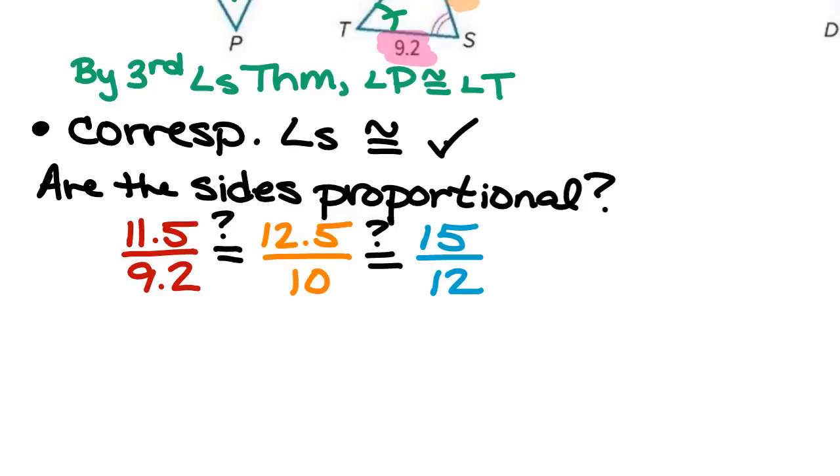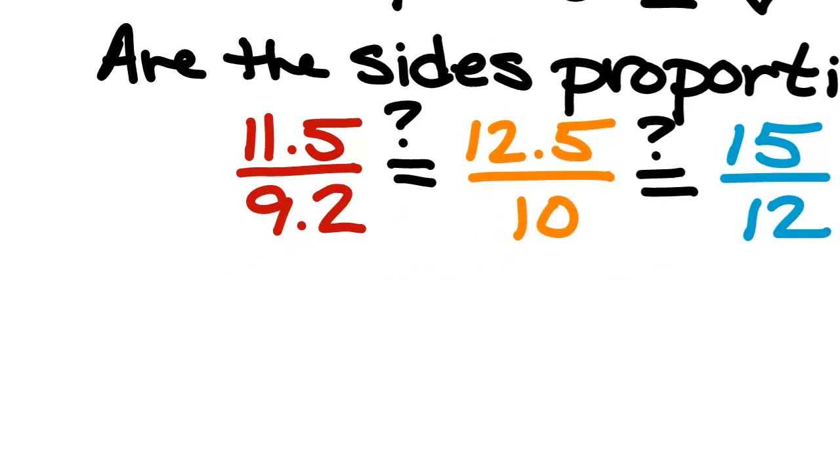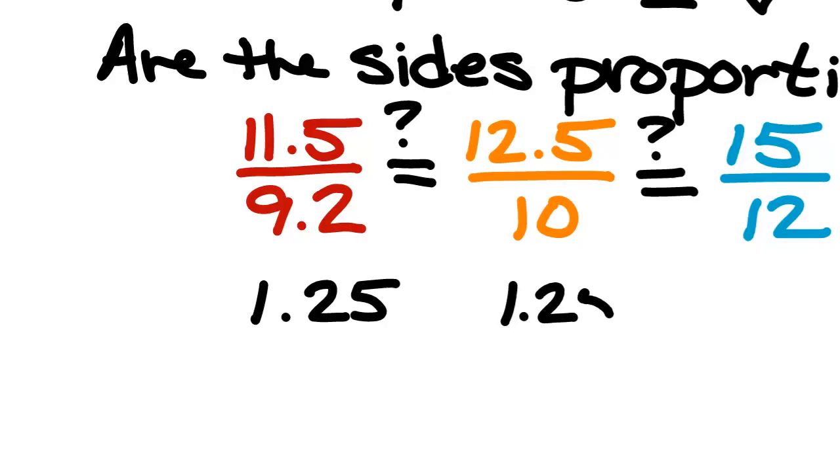What do you get if you do 11.5 divided by 9.2? 1.25. All right, so I got a 1.25 there. 12.5 divided by 10? 1.25. So that one's equal.